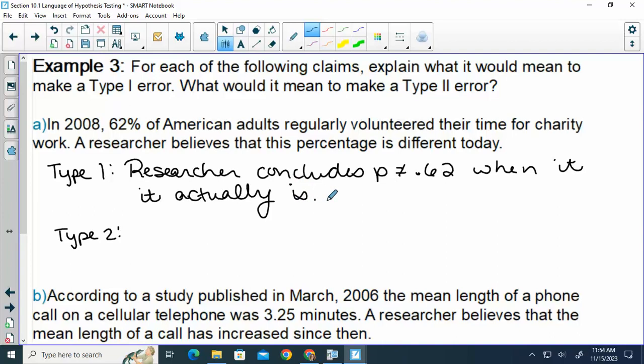Just remember, the whole thing about this, we're wrong. So we concluded the H sub 1, we concluded the alternative hypothesis, but we made a mistake. Type 2 is the reverse. So you're concluding the null.